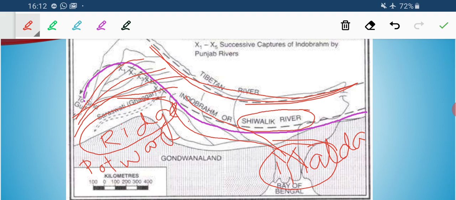Once again I am just repeating why Himalayan drainage is considered as antecedent, because the two ancestral rivers gave origin to Indus, Ganga and Brahmaputra, which are the three main Himalayan rivers. That is why it is antecedent drainage.